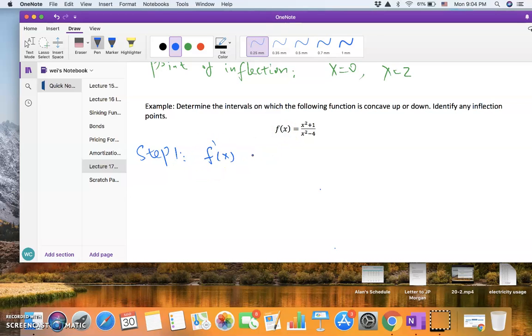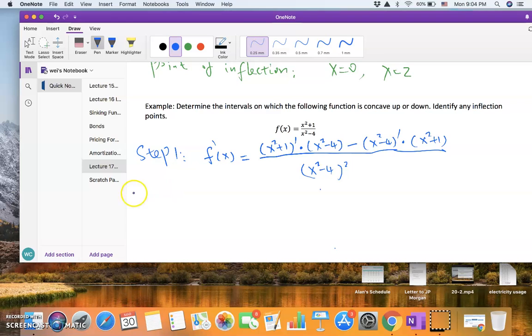So we start with the first derivative. For this function, to find its first derivative, we are using quotient rule. So we square the denominator, and we take the derivative of the numerator times the denominator, minus the derivative of the denominator times the numerator.